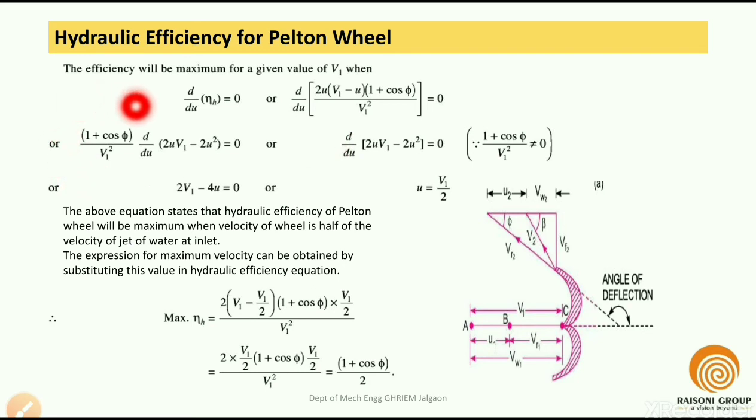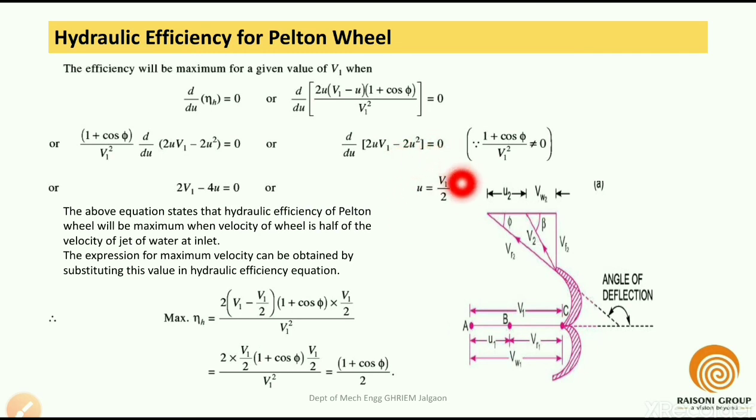We know that this 1 plus cos phi term is a constant, and as we are taking the maximum hydraulic efficiency for a particular value of V1, V1 square is also constant. So d/du of (2u V1 minus 2u square) is equal to 0. Finding the derivative in terms of u, we get 2 V1 minus 4u, since the derivative of 2u square is 4u. It is equal to 0. Hence the value of u is equal to V1 divided by 2.